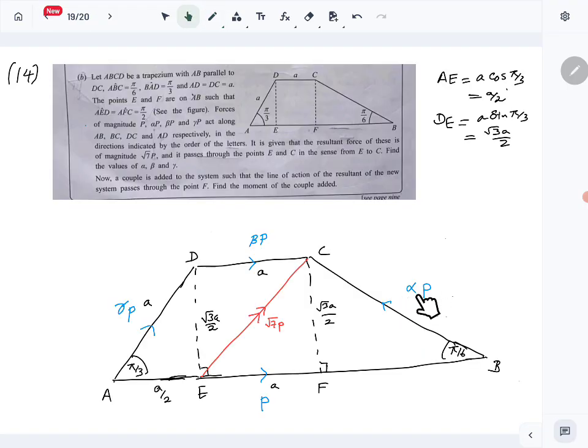No need to think of alpha P because it goes through C. No need to think of beta P, again goes through C. So the only forces left are P and gamma P. P is going in anti-clockwise direction and the moment is P times the perpendicular distance, which is root 3A over 2.